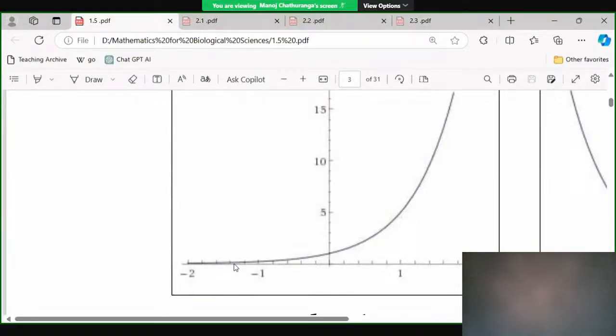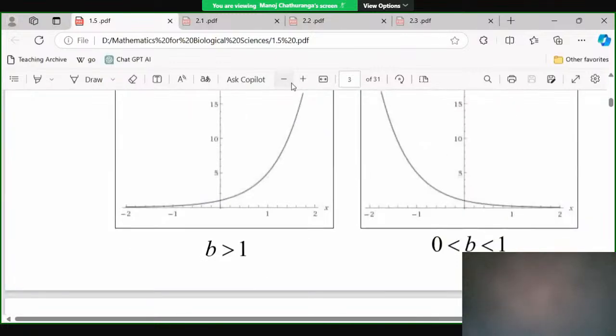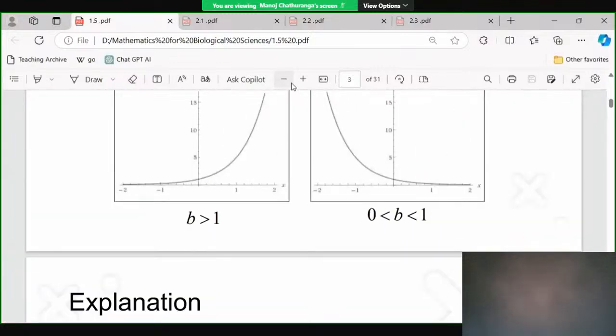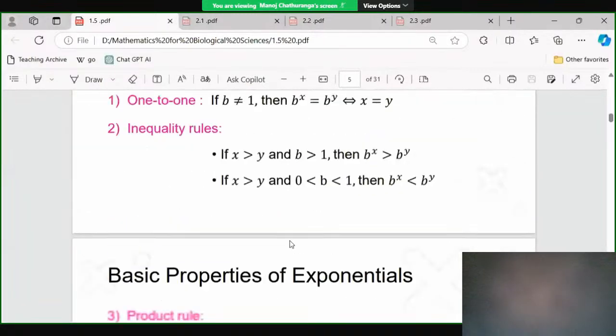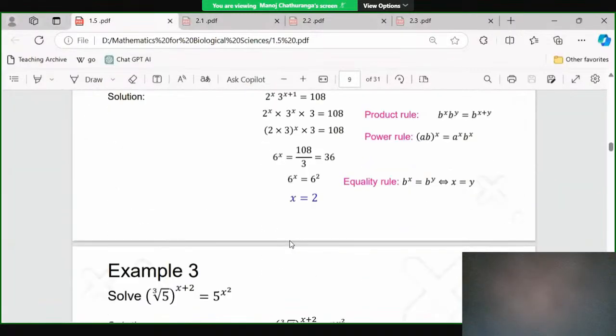as you go further into the negative x-axis, but there is always a gap. It looks like it touched the x-axis, but because of this reason, we say the x-axis is a horizontal asymptote.